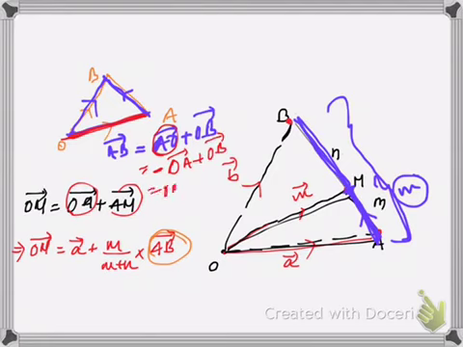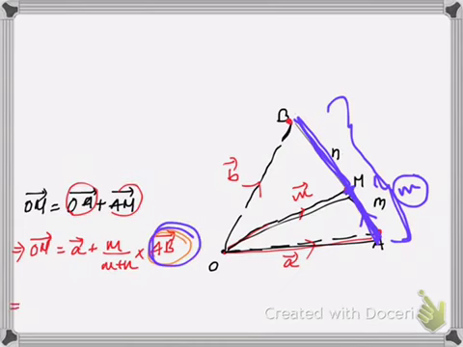So I have vector AB is equal to vector OB minus vector OA. This is what I'm going to replace for vector AB. So here vector OM is equal to a plus m by m plus n times, for AB, I can write OB minus OA.